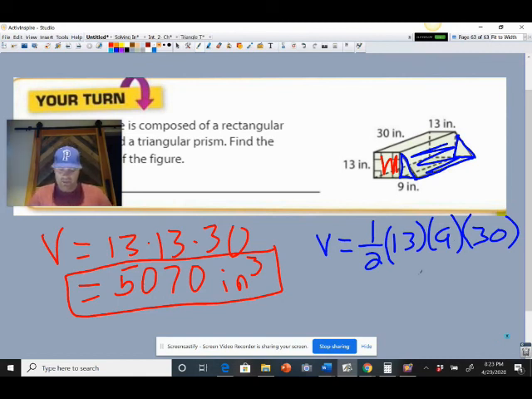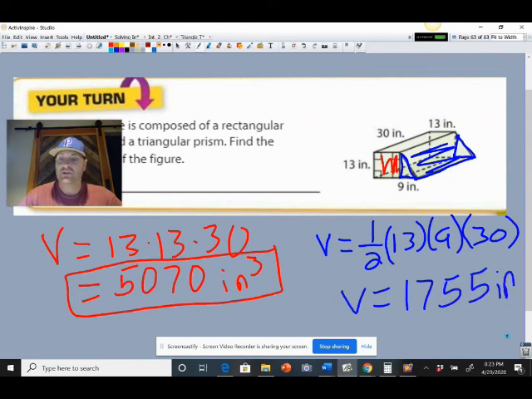So 13 times 9 gives me 117. I'm going to times that by 30, and that gives me 3510, and then divide that by 2, and that gives me 1755. So the volume of this one is 1755, and that is also inches cubed.